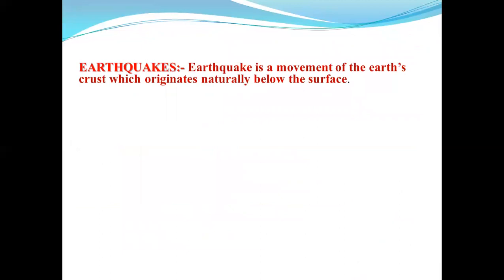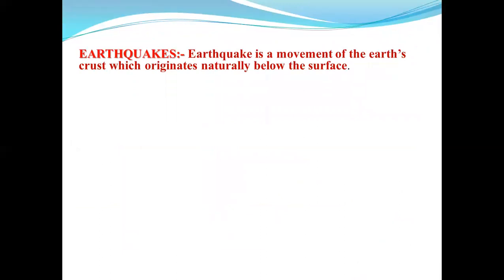Dear students, the second cause of environmental problems is the earthquake. What is an earthquake? An earthquake is a movement of the earth's crust which originates naturally below the surface.